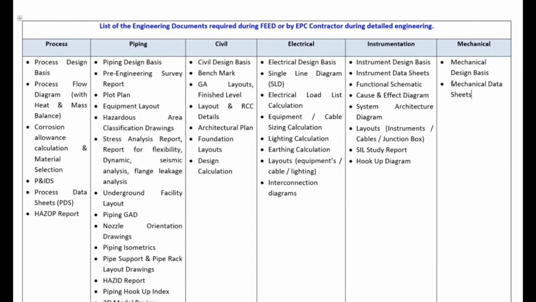So mechanical has much fewer documents, of course. Some static equipment data sheets are also there, not only for compressors. The mechanical data sheets include compressors, separators, static equipment, tanks, pumps, everything.